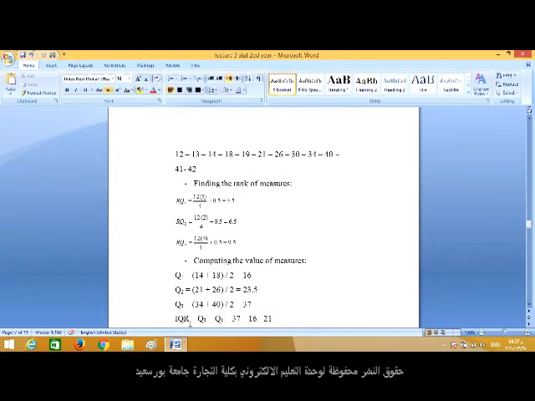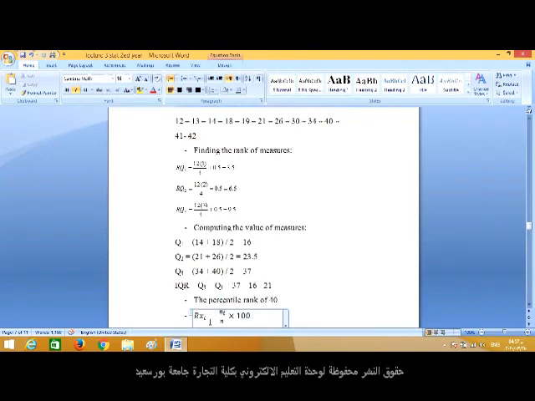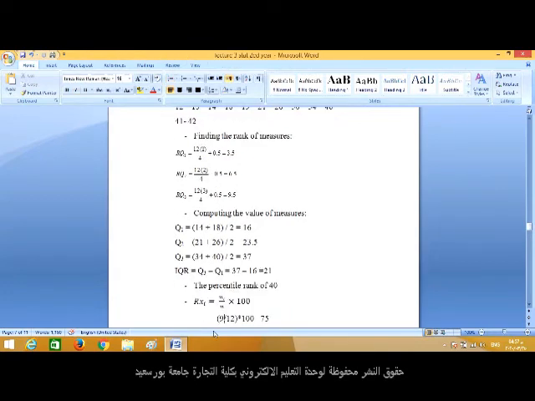IQR, the interquartile range, equals Q3 minus Q1, equals 37 minus 16, equals 21. Now the percentile rank of 40. Count the number of observations less than 40, divide by the total number of observations, and multiply by 100. We have 9 values less than 40, and the total data set is 12.